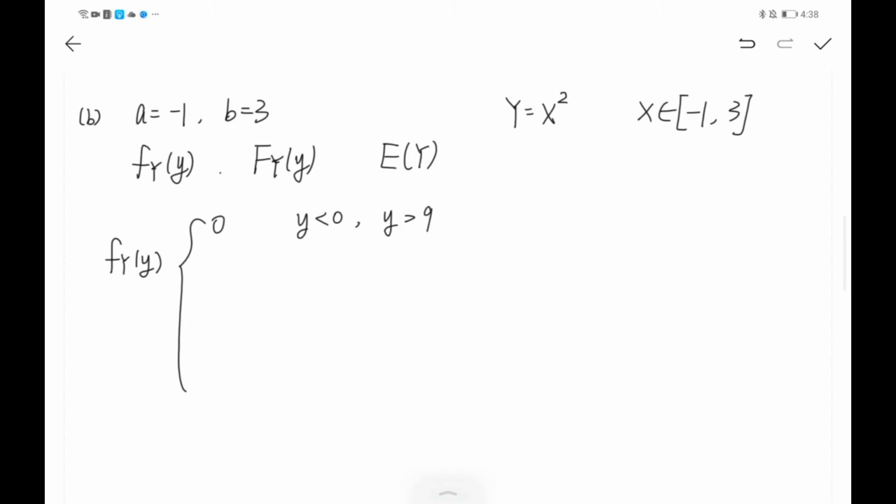And we can compute the other parts of the density function. First, when y is from 0 to 1, we have this form.